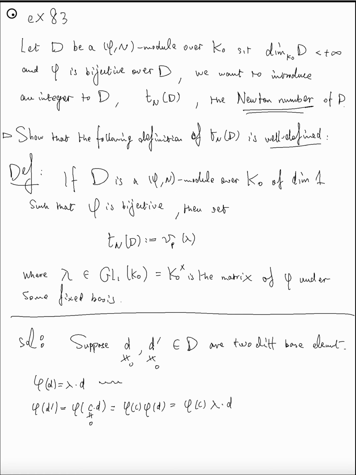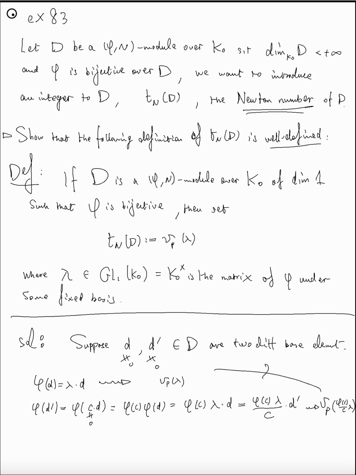If you use d, then your unit number is the p-adic valuation of lambda. If you use this, then d prime is phi c lambda over c times d prime, right? And then if you use this, what you do is take vp of phi c over c times lambda.